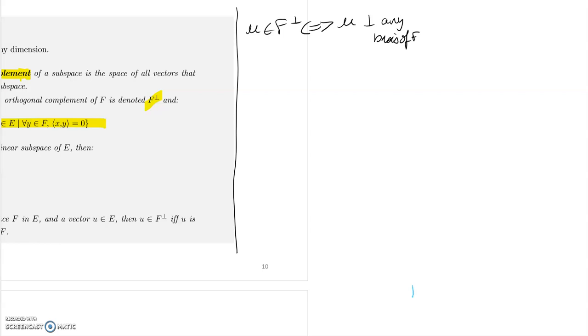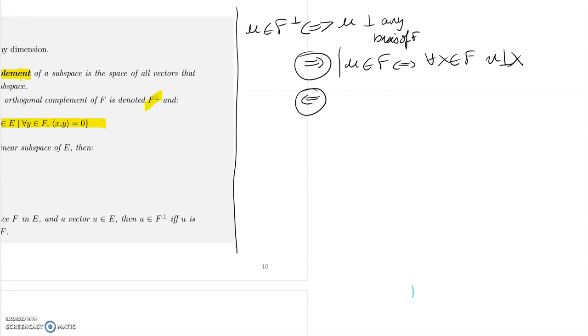Well, the first direction, the direct implication, is absolutely direct. If u belongs to F orthogonal, it just means that for any x in F, u is orthogonal to x, and in particular, if you take any basis of F, it's going to be orthogonal to it. So that's absolutely trivial in that sense.